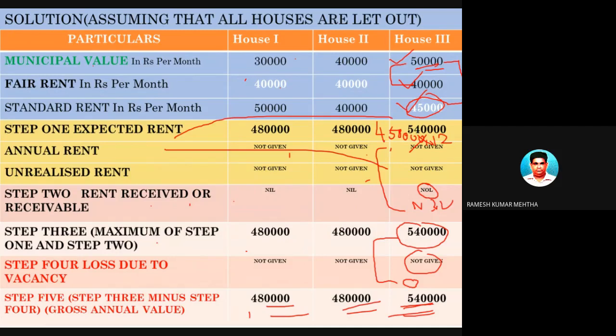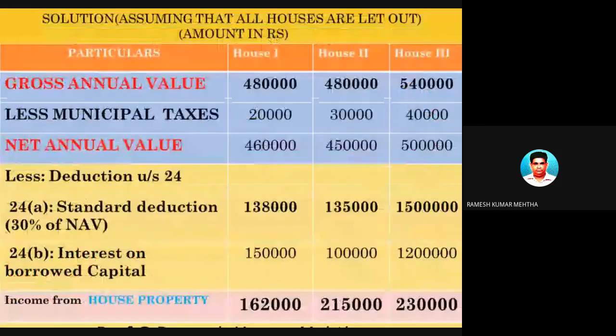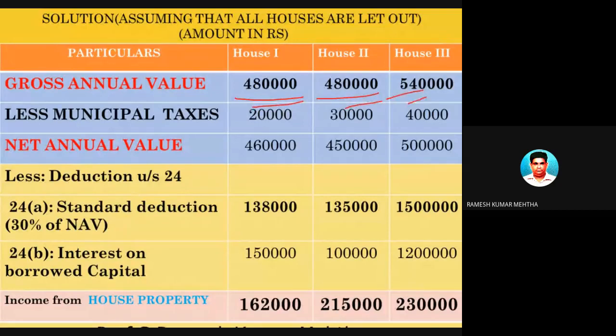After we found the gross annual values of house property 1, 2 and 3, we have to find income from house property from the given data using steps. I have carried forward this data: gross annual value 4,80,000, 4,80,000 and 5,40,000 rupees.